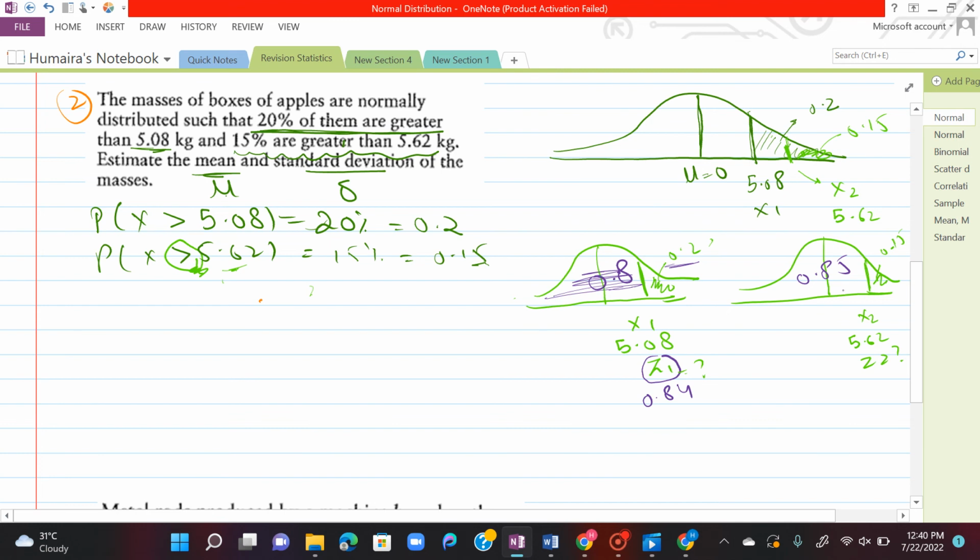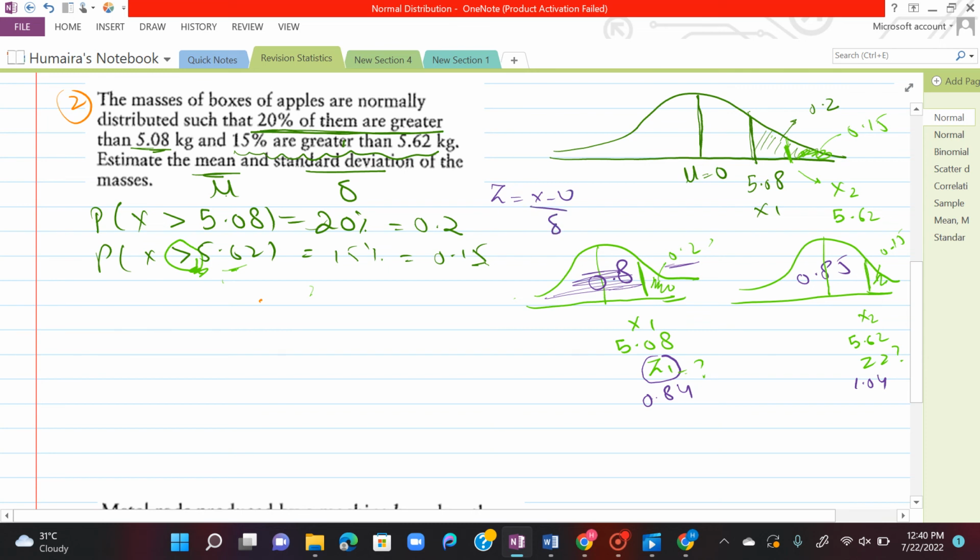Now I will check it for 0.85. Similarly, when you check it in the table, you will find it against 1.04, right? If it's lying in between the two, then pick up the nearest value. So I have z1 and z2. Once you have z1 and z2, then the question is easy. I know that z equals x minus mu upon sigma.